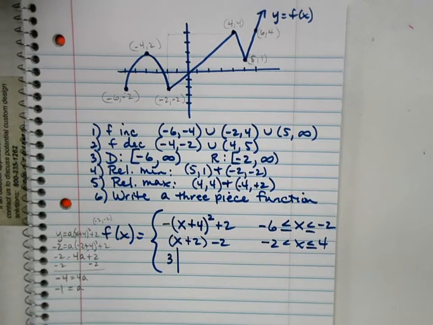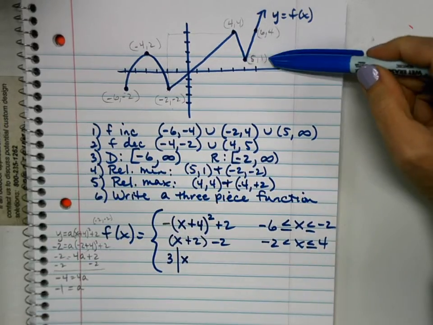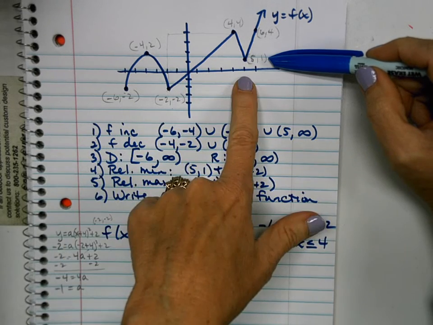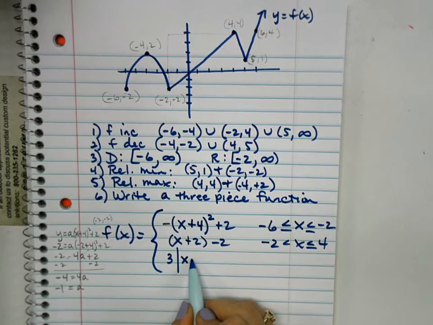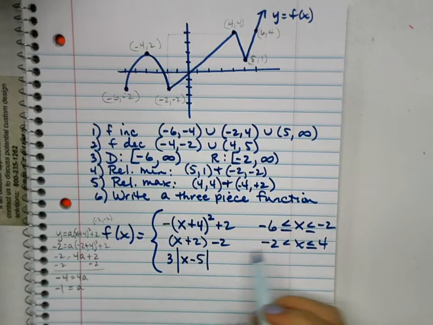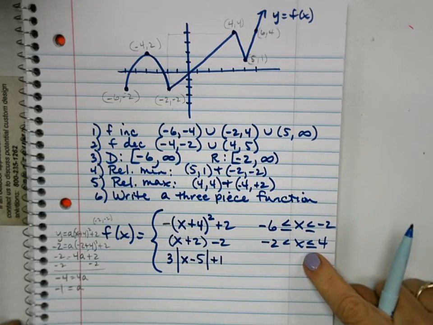Then, how has this been shifted? This 5.1 is what's been shifted. We went right 5, up 1. How do I get a right 5 shift? -5, right? How do I get an up 1 shift? +1.